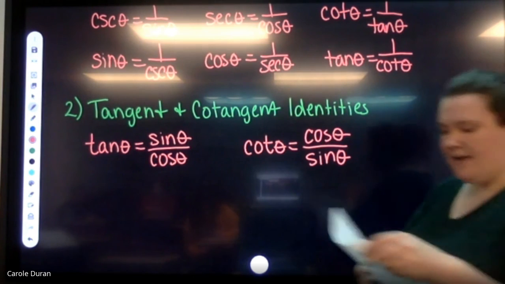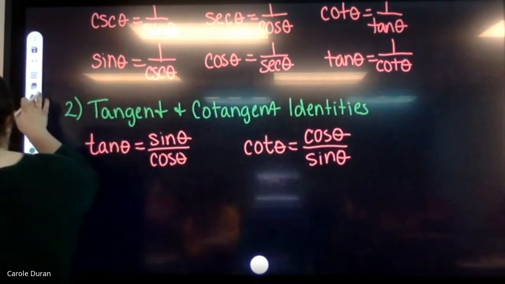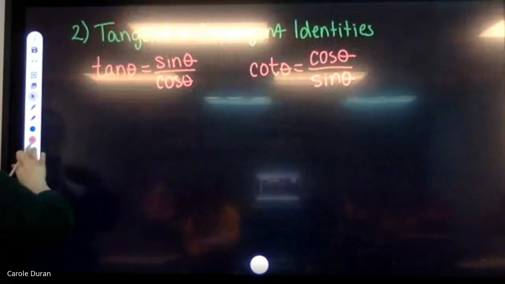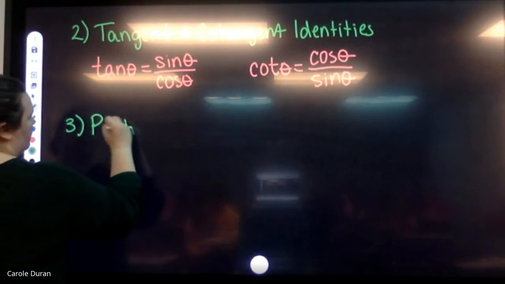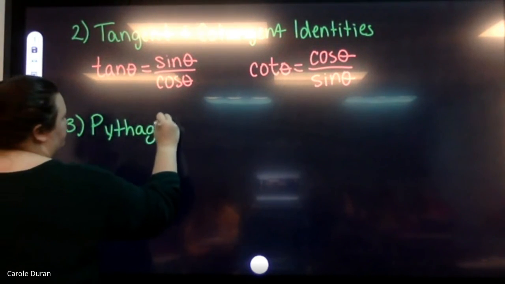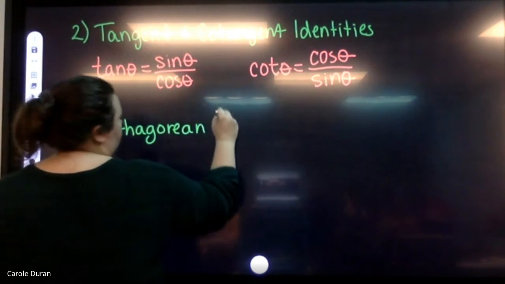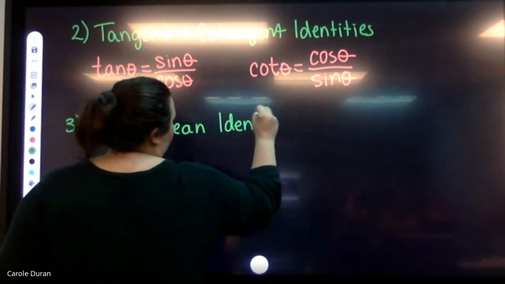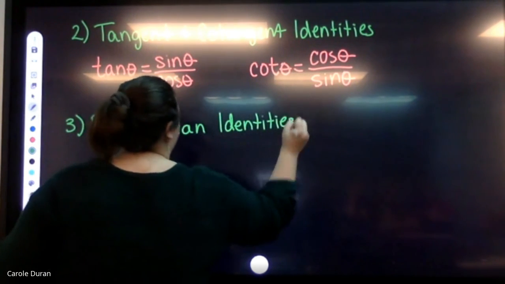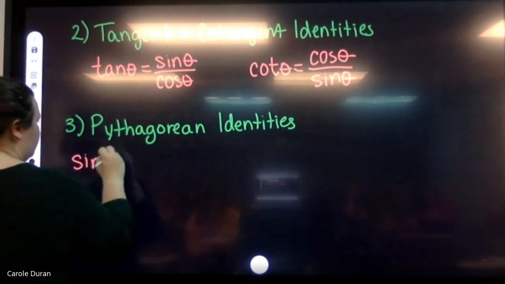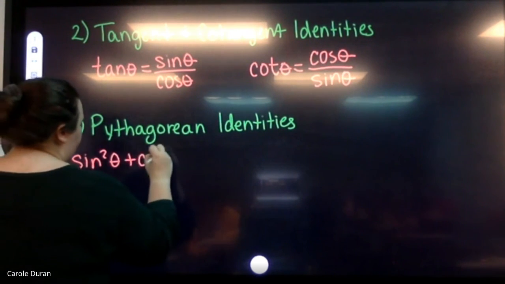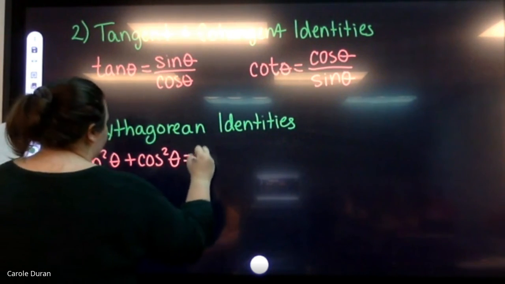And then the last ones are called the Pythagorean identities. These are my favorite. So the first one is that sine squared theta plus cosine squared theta equals 1.